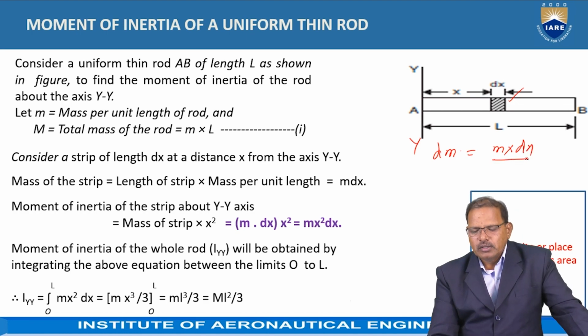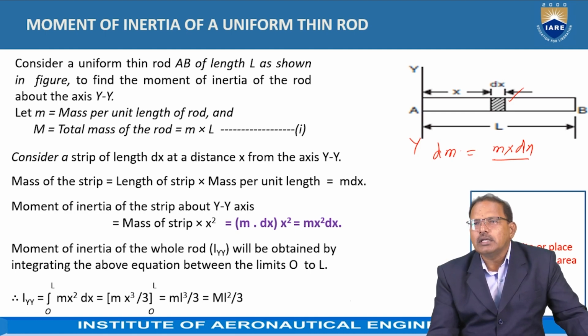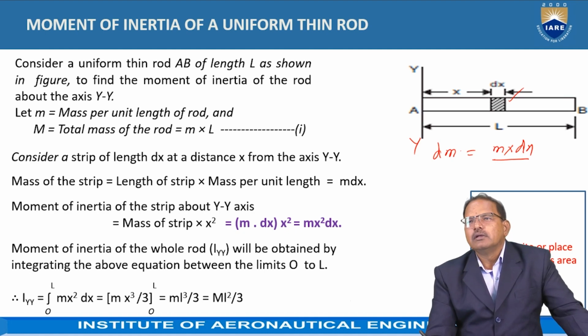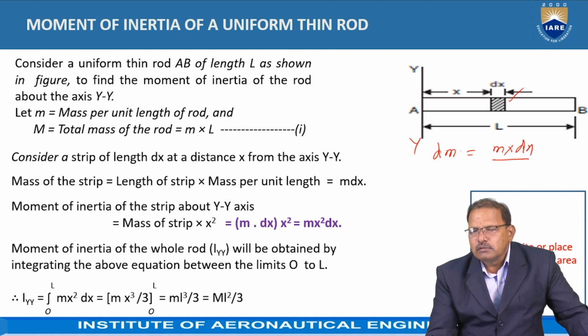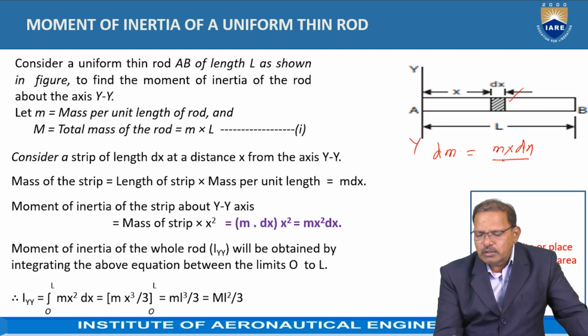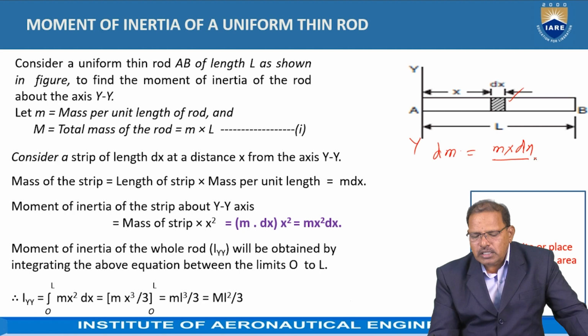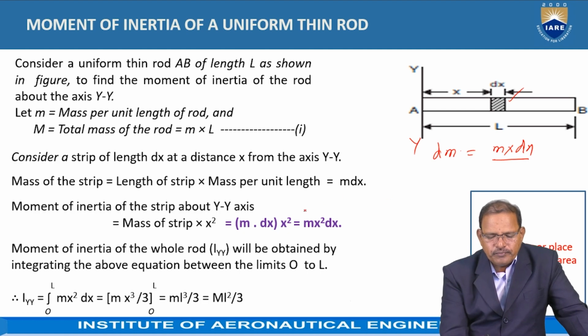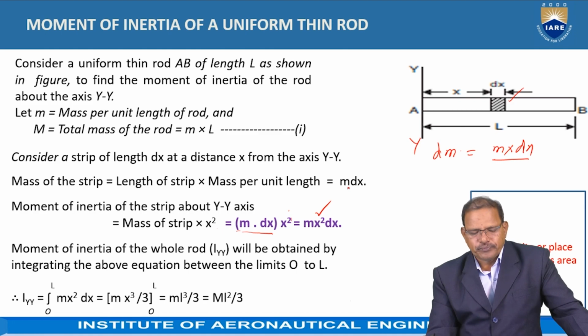So the moment of inertia possessed by this small element about the vertical axis YY is given by the product of mass into the square of the distance. So mass is equal to m dx, the distance is x, hence it is equal to the mass of the strip into x square, m dx into x square, which is equal to m x square dx.